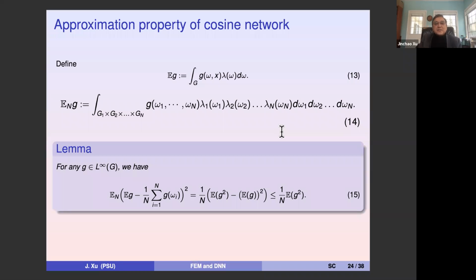One of the magic identities, I would call it a very trivial identity, is the following. If you take this one-dimensional expectation, the average of it, then you take omega as the independent variable, what they call independent sampling, then you take an n-dimensional expectation. You can see that this is an identity.